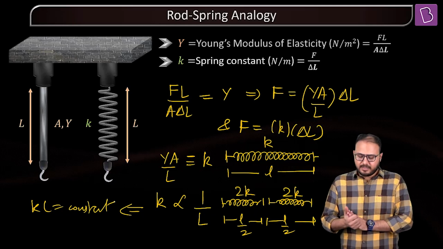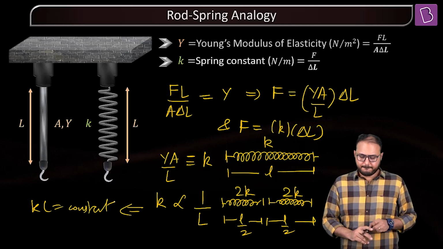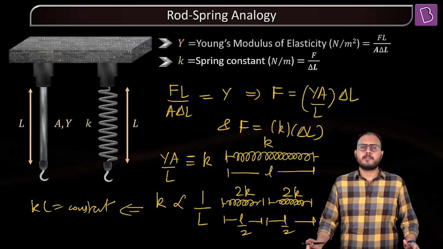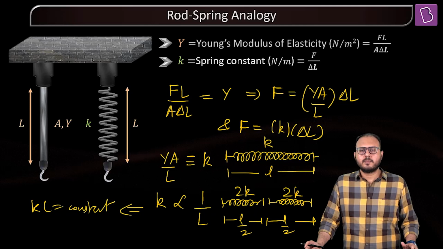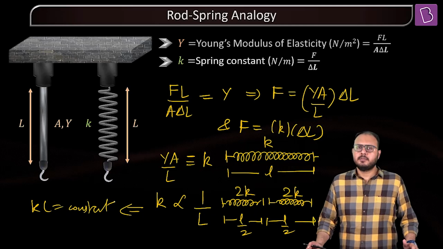Note this down. I need the board. Get it? Good stuff, right? K proportional to 1 by L.